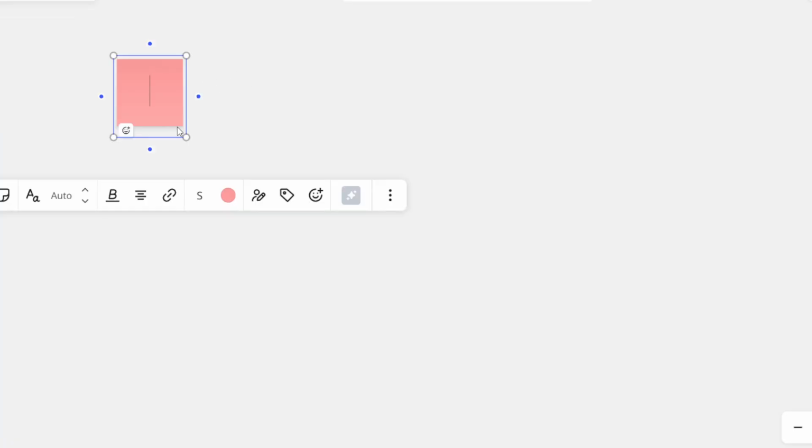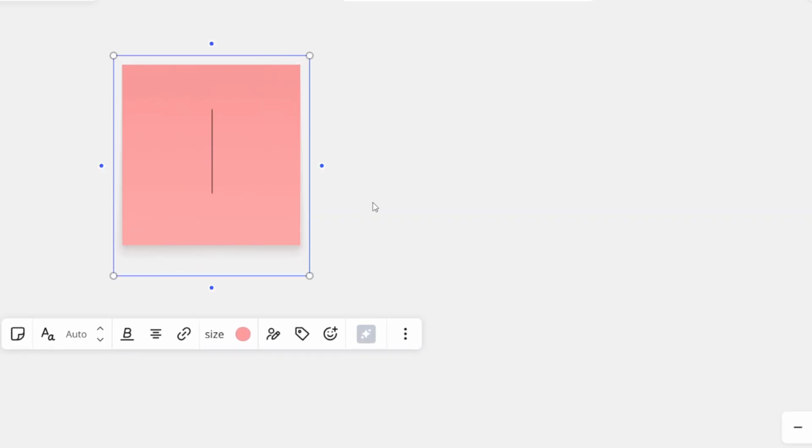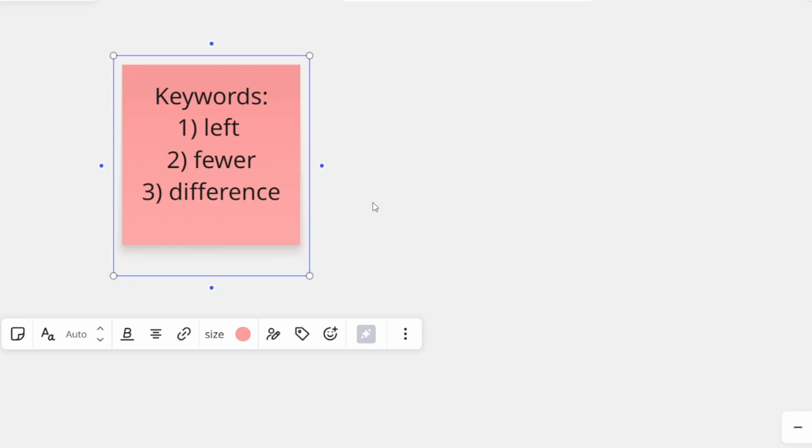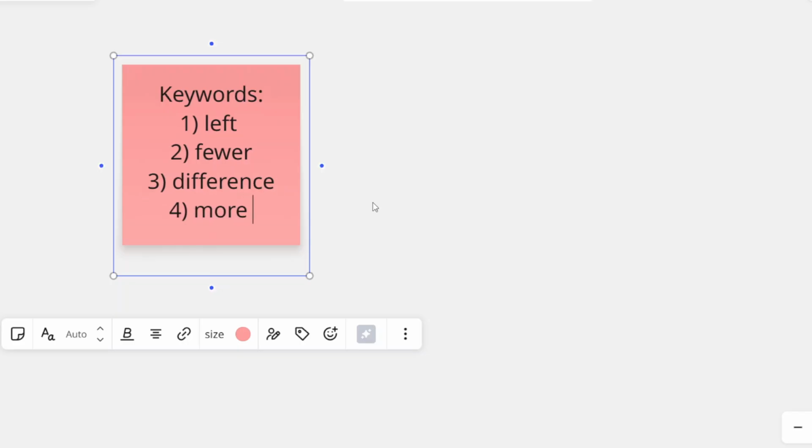All right, now let's discuss some keywords, or we can also say clue words, which will help you to understand whether you need to use subtraction in the word problem or not. So the keywords that you need to look for are left, fewer, difference, more than or less than.